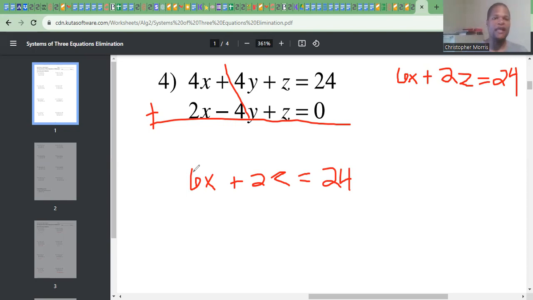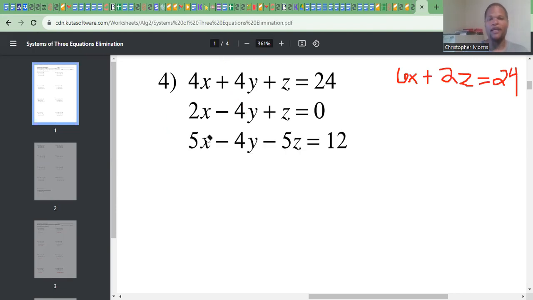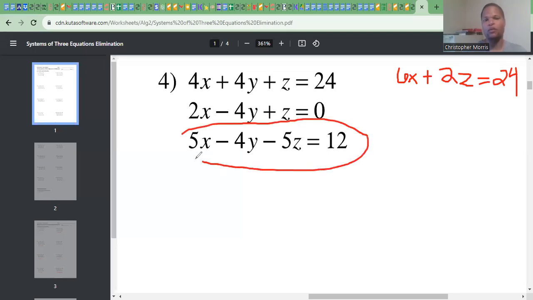Now that you did the first two equations, let me erase this and see what we can do here. I'm kind of figuring this out as I record it. If you erase that and go back to the original, you now want to incorporate the bottom equation. We did the first two, but we didn't do the third equation yet.